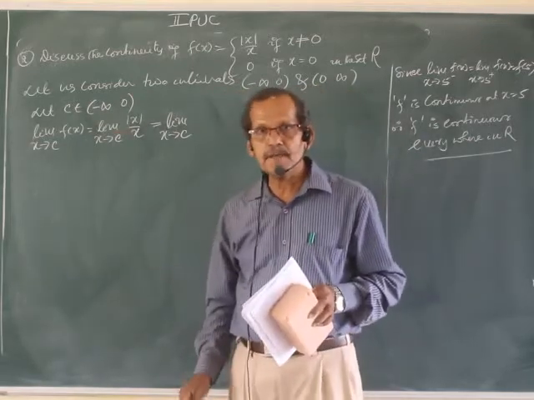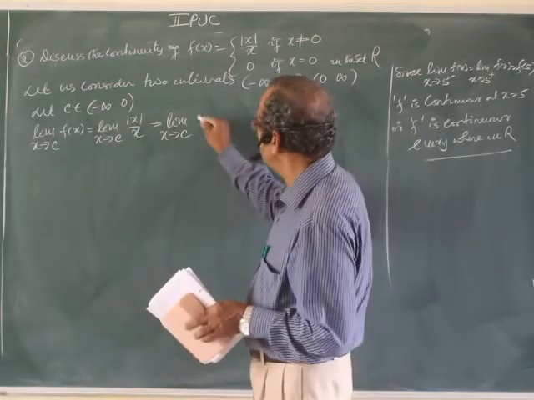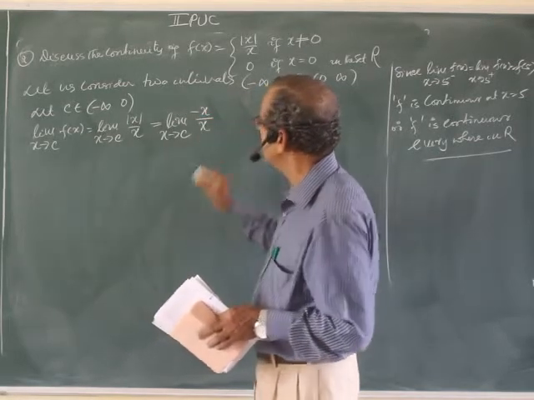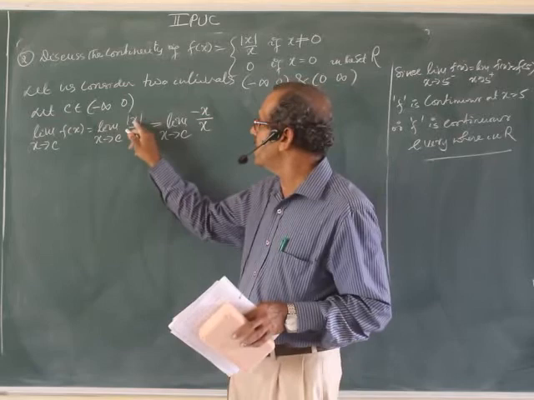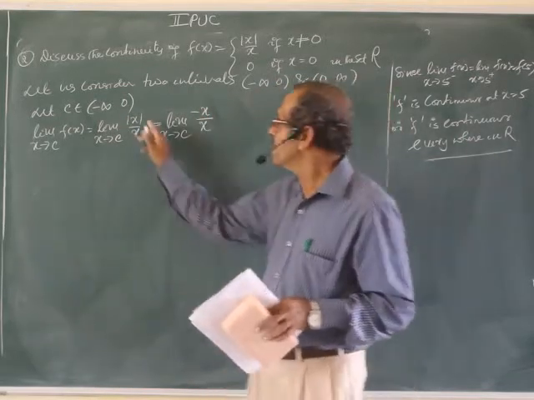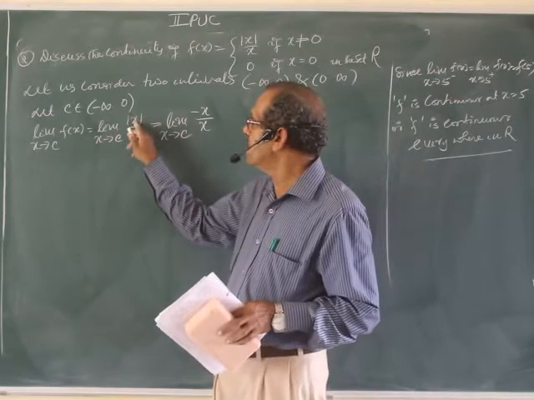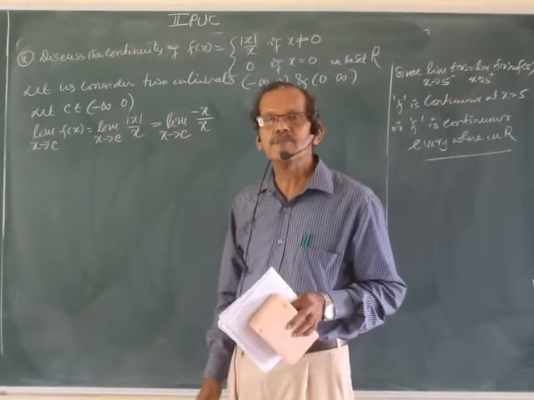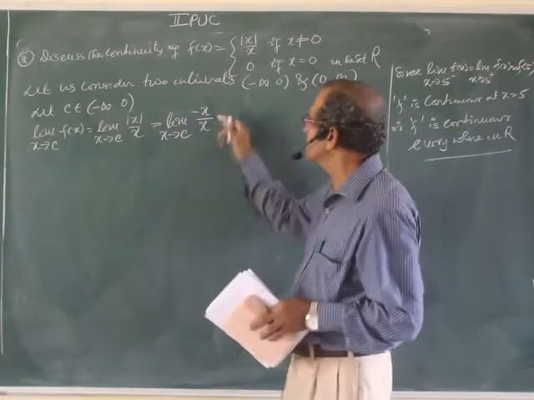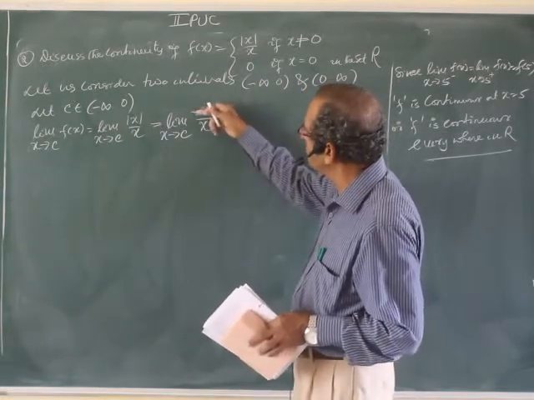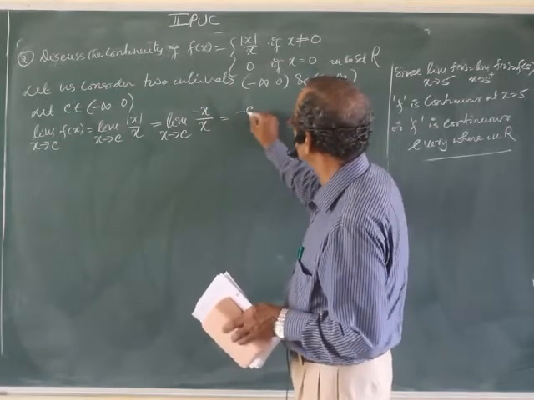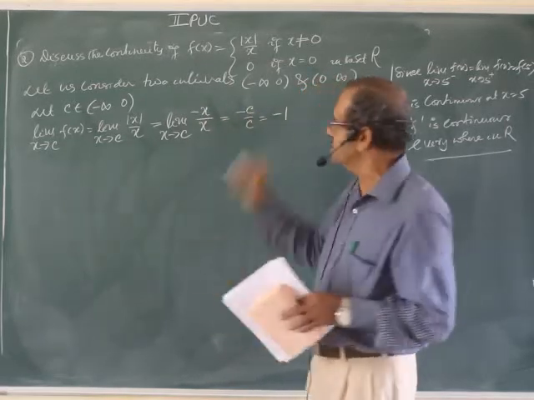Modulus of a negative number is minus of that, so I can write this as minus x by x. If this one is minus 1, modulus is plus 1, that is minus of minus 1. x is already negative, one more minus is positive. So in total it is minus C by C, or minus 1, we get.